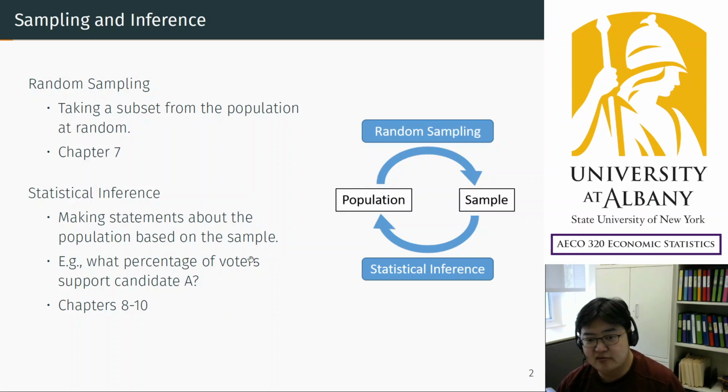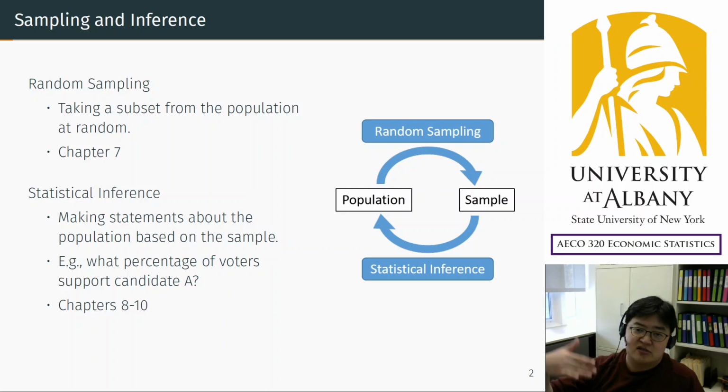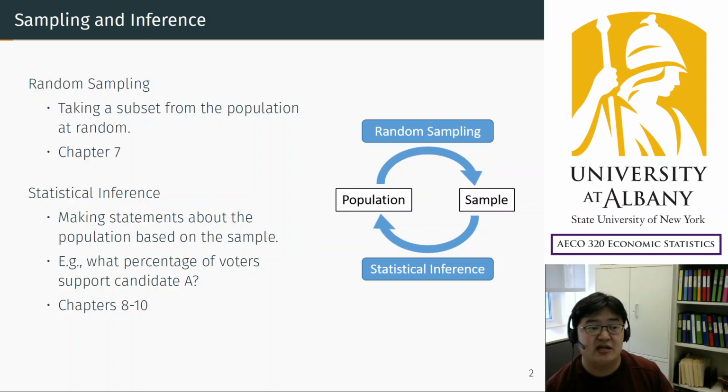For example, you did a political survey, and from the observations, you can say that a certain party or a certain candidate is going to get, say, 50% of votes, with a margin of error of plus or minus 3 percentage points.